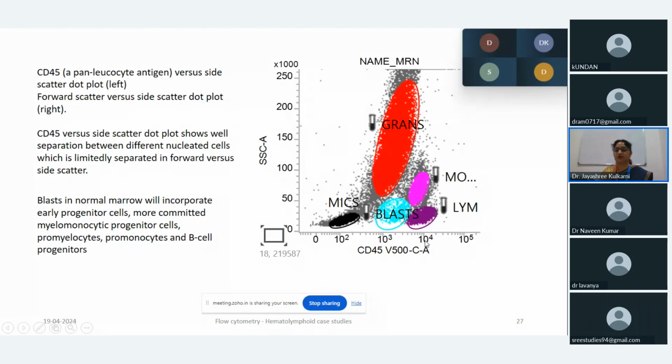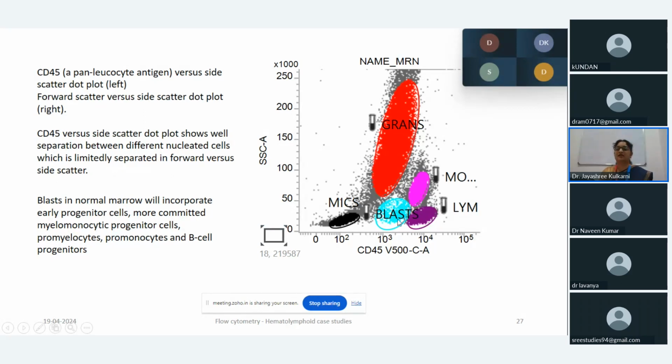So they are at the bottom. The next ones, lesser, dimmer CD45 are your monocytes, but they are higher on your side scatter. Much less dim cells are your granulocytes. They are very high on your side scatter because of their internal complexity.